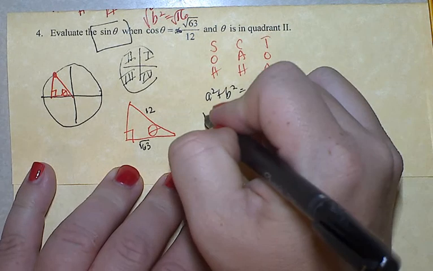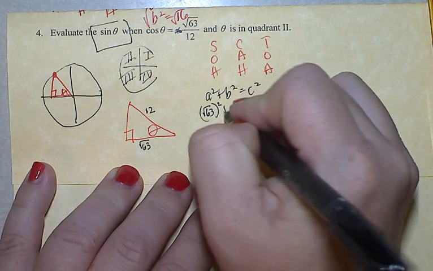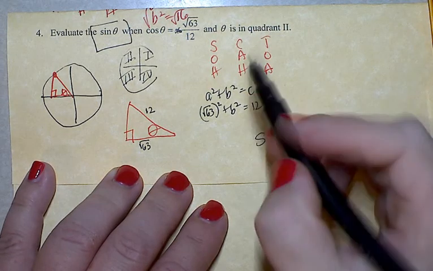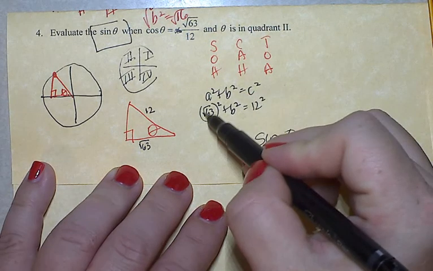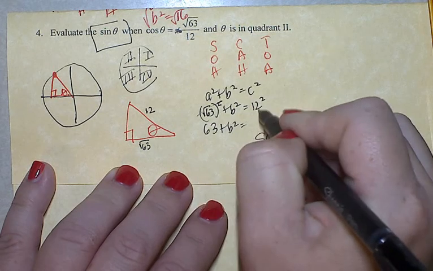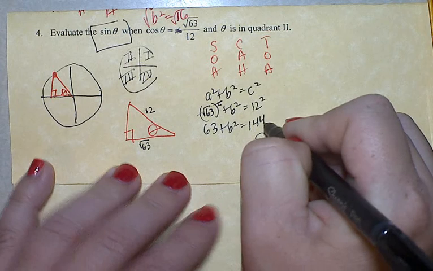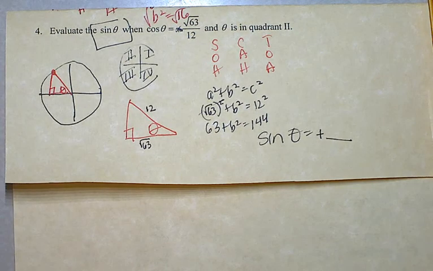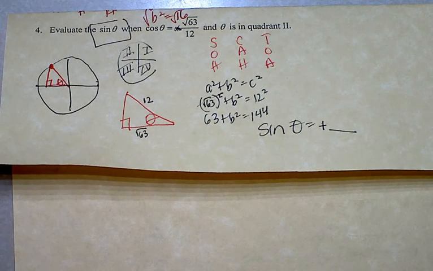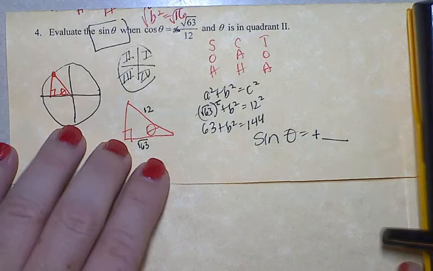Square root of 63 squared plus b squared equals 12 squared. When you square a square root, it cancels, and I'm left with 63 plus b squared equals 144. Please take on your calculator 144, subtract 63. And the answer is 81.